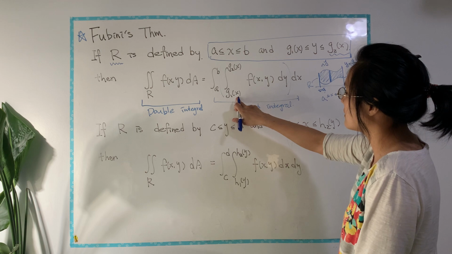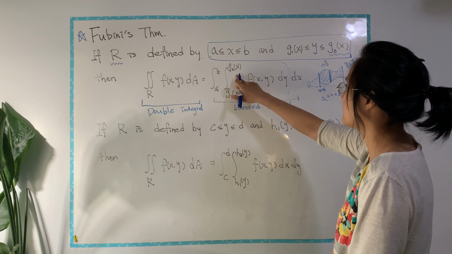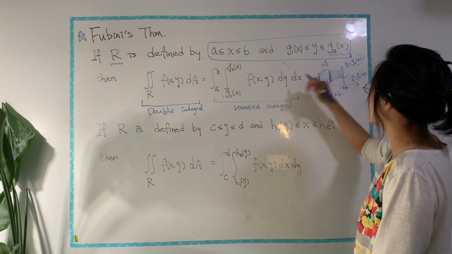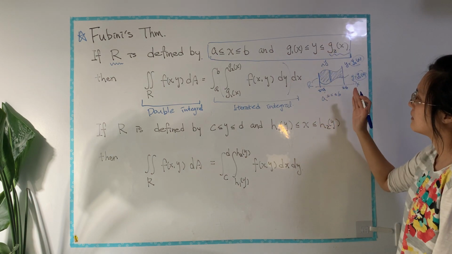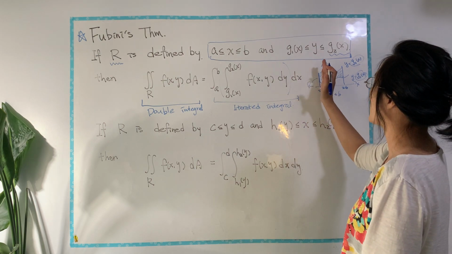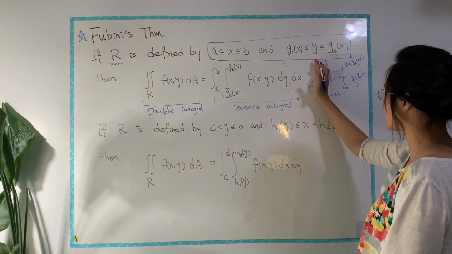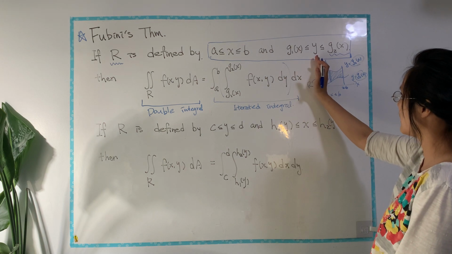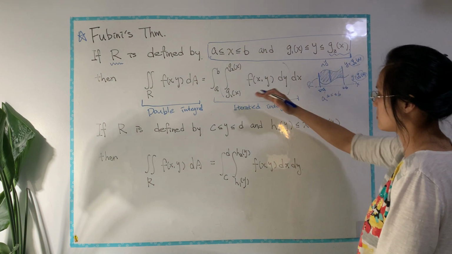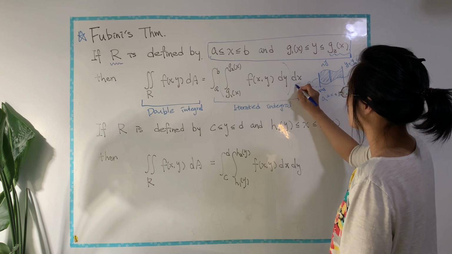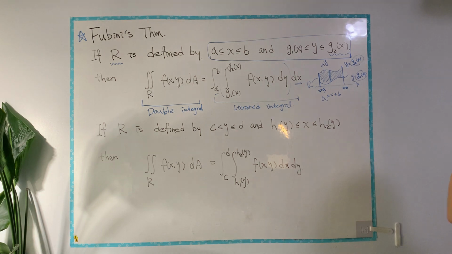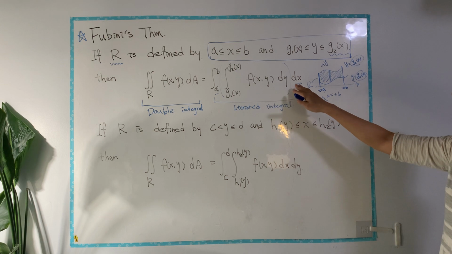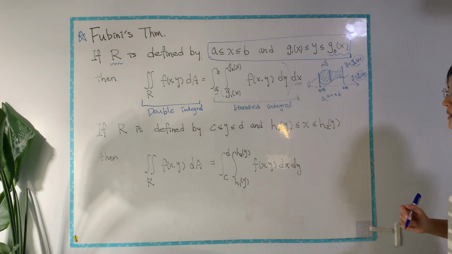Put the lower limit on the bottom, the upper limit on the top, and write dy. So you're first integrating with respect to y. This is the y direction, right? Then you're scanning from this line x equal to a all the way to this line x equal to b. So now you integrate with respect to x, going from a to b. Once you have the iterated integral set up, then you just do straightforward computation.